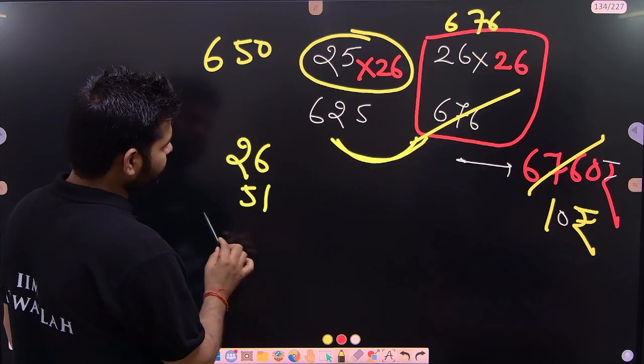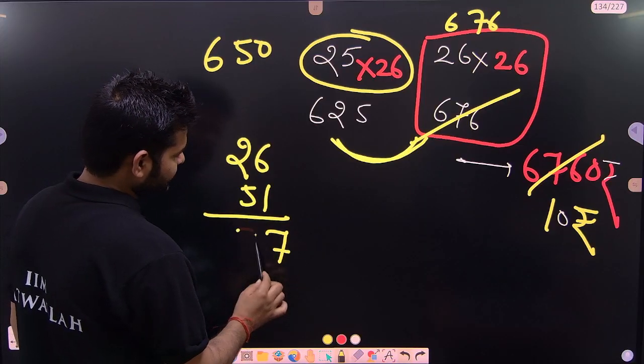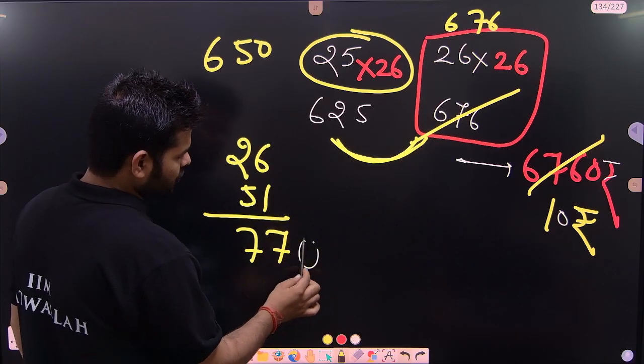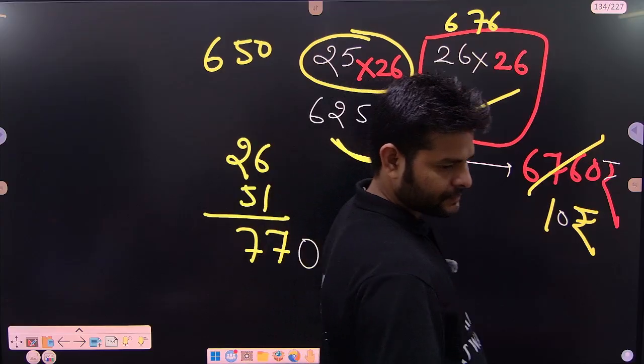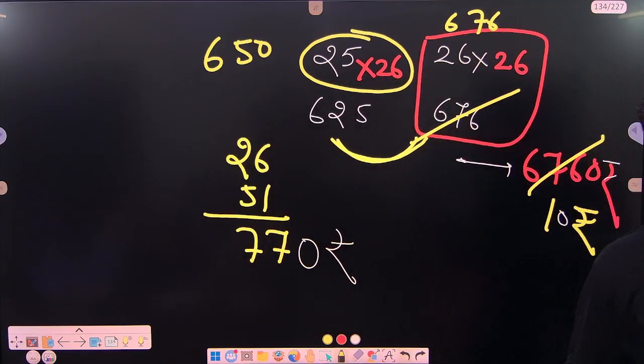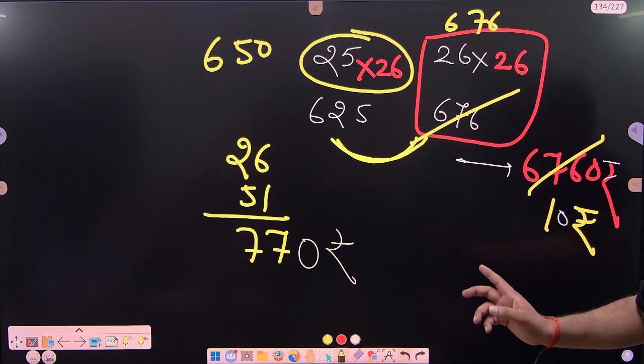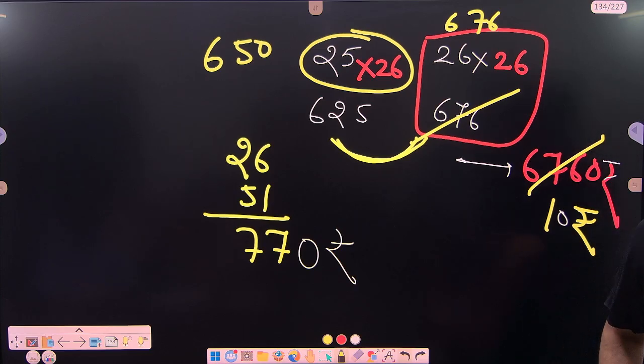Total interest would be 77 units. 1 unit cost is 10, so the total interest we need to pay is 770 rupees. We were asked basically how much extra payment we have to give.